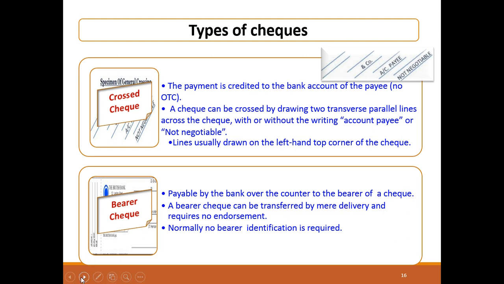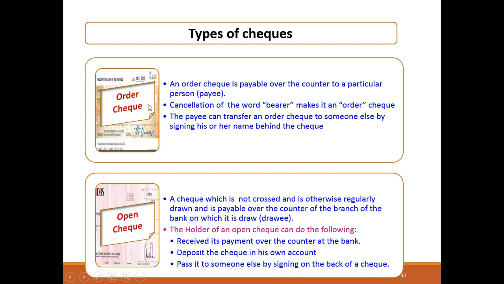Okay, next types of check is order check. Dia kata an order check is payable over the counter to a particular person, which is payee lah. Maknanya dia akan bayar terus over the counter kepada person. Berbeza dengan cross check tadi tu, dia tak bayar over the counter, dia terus bayar kepada account.